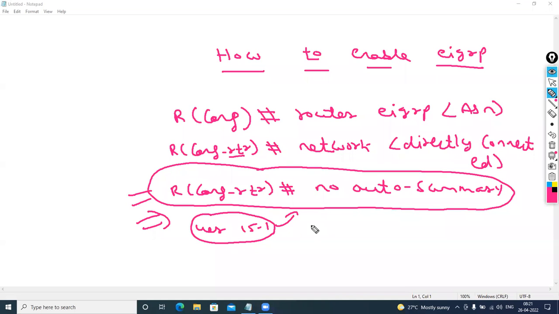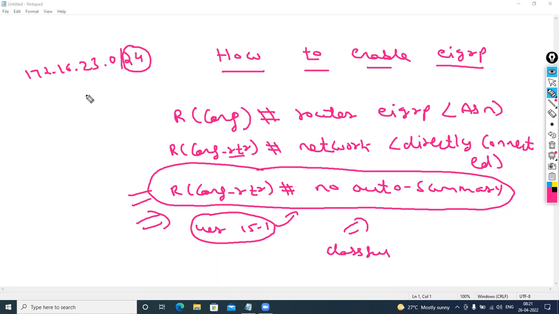Sir, why do we need to use no auto summary? Because by default, EIGRP used to support only classful networks. Let us consider we have a network 172.23.0.0/24. Which class is this?